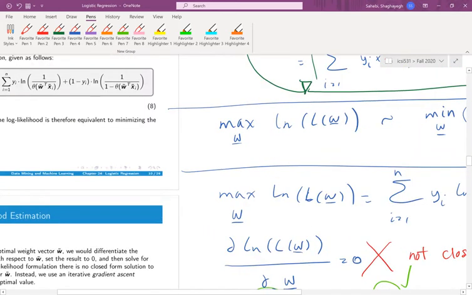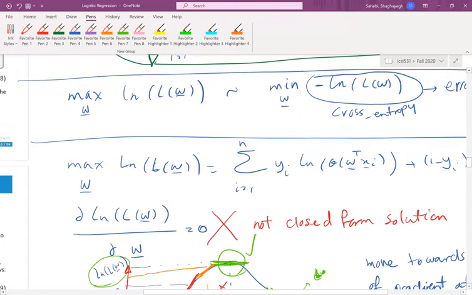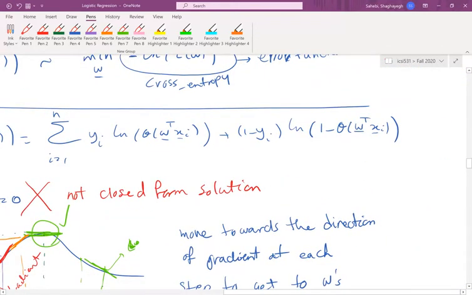So what is our logarithm of likelihood function? It has this formulation.